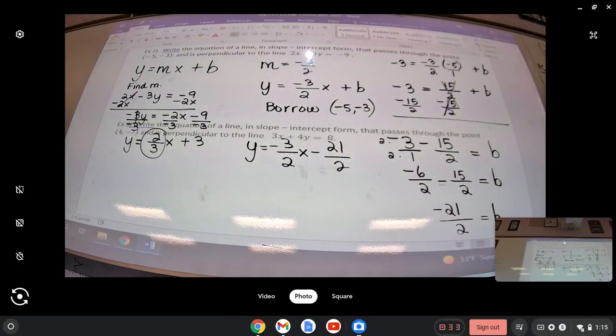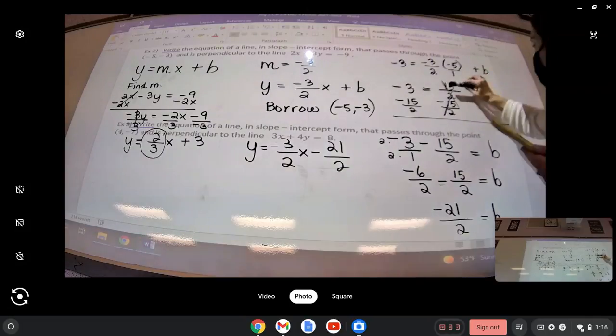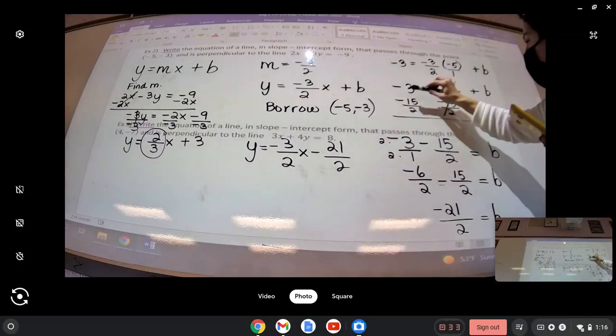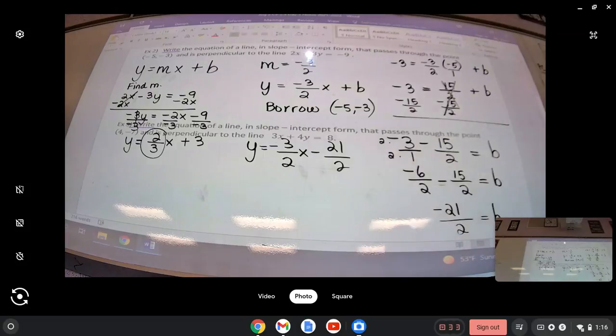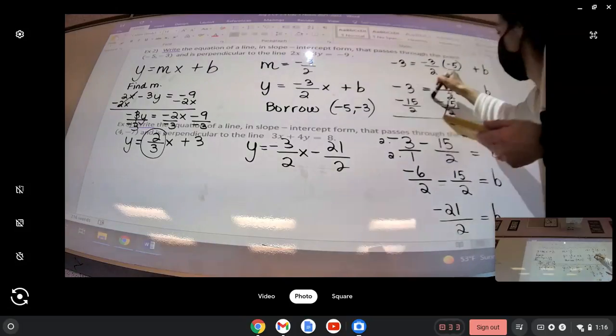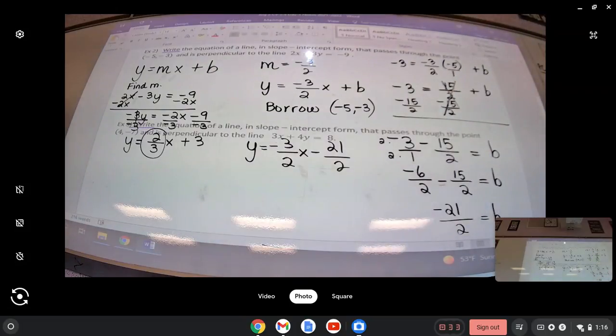Oh, so you subtracted it? Yeah, that's what we're minusing it. Because you had to take the 15 halves and minus it over. So -3, subtract 15 halves. If I was dividing, I would have put a division bar. And then you hit enter, and it gives you -10 1/2.